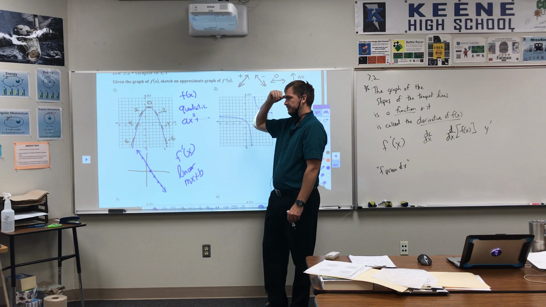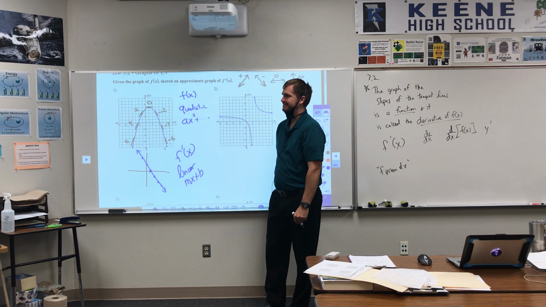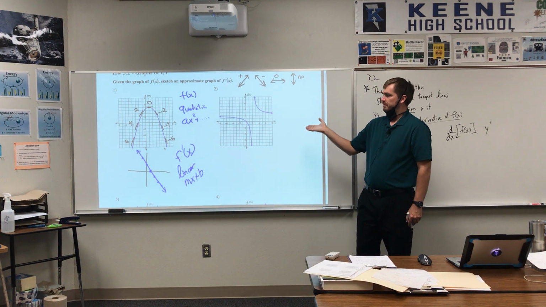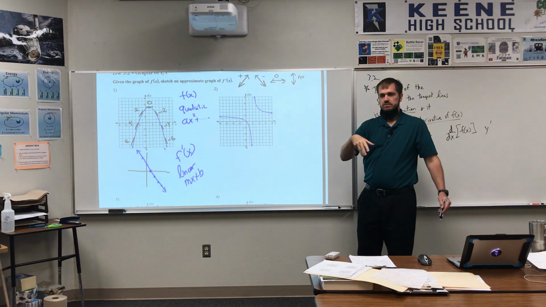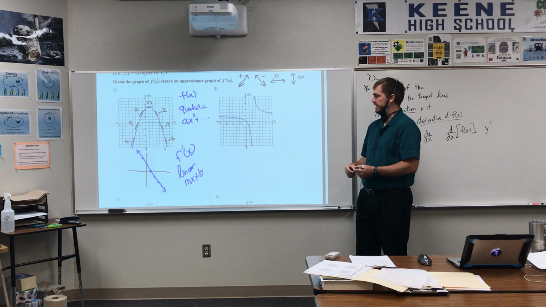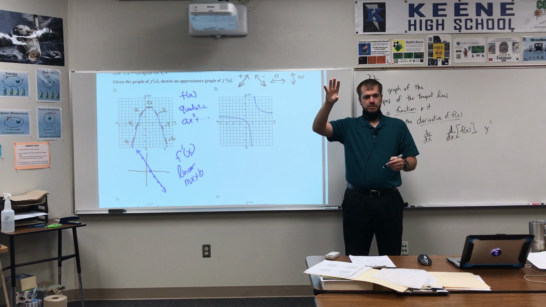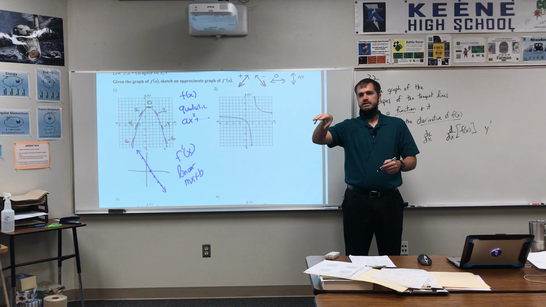All right? Come on in. So I think we could all sort of say, yeah, I get it. If the function is cubed, a cubic, it's going to turn into quadratic. If the function is quadratic, then the derivative is going to be linear, right?